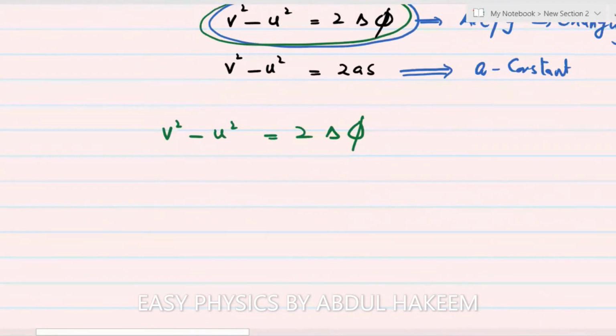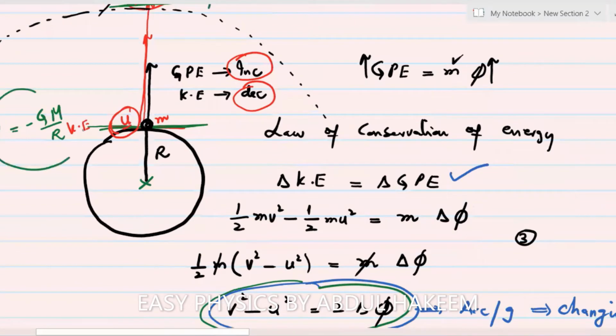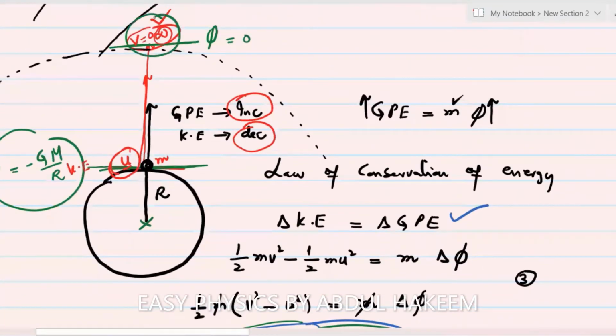So final speed is 0. Initial speed u square is required, 2 times delta phi, meaning the change in potential between these 2 points, one at the surface, the other at infinity.